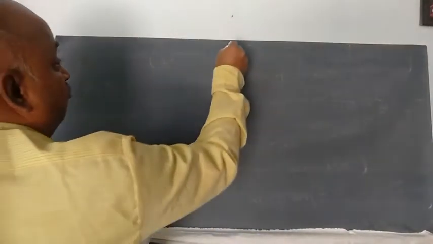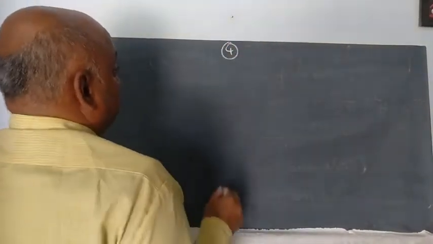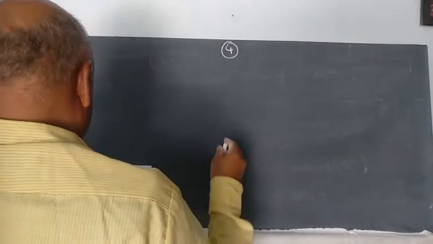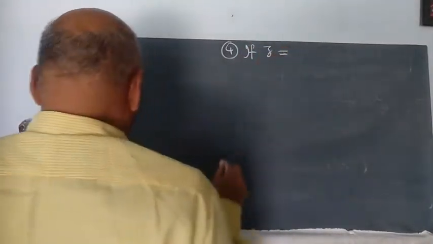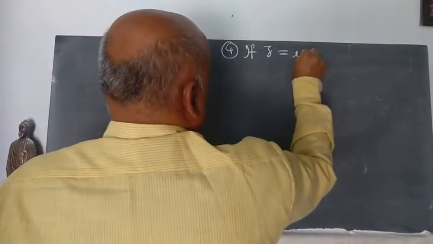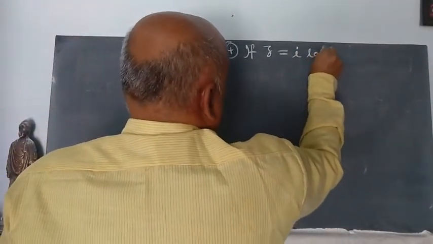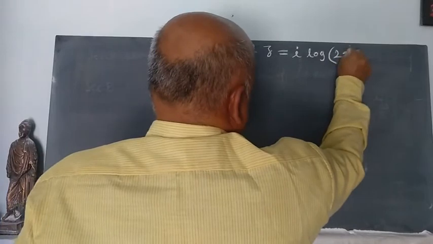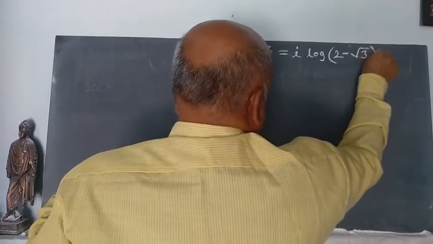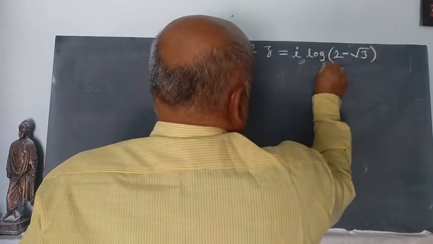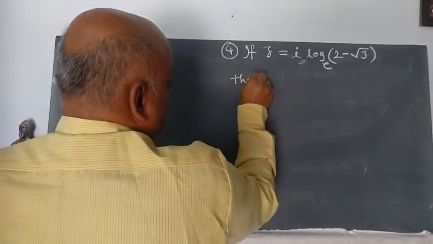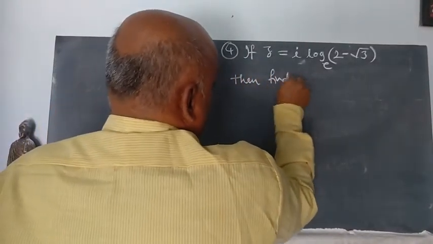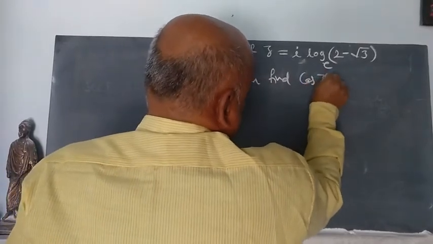Next problem, fourth one. If z is equal to i into log of (2 minus root 3) with base e, then find cos z.